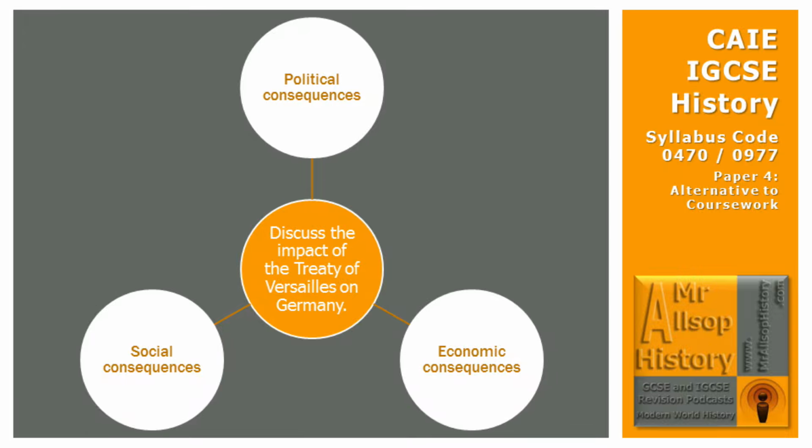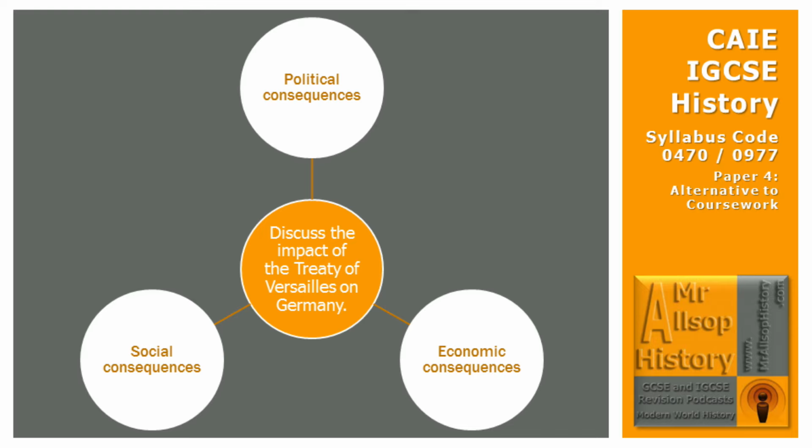For the impact of the Treaty of Versailles on Germany, for example, you might choose to argue that although, yes, it had an impact on the political situation in Germany and it had an impact on the social situation in Germany, the Treaty of Versailles' economic impact on Germany was the most important, the most significant, the most impactful.